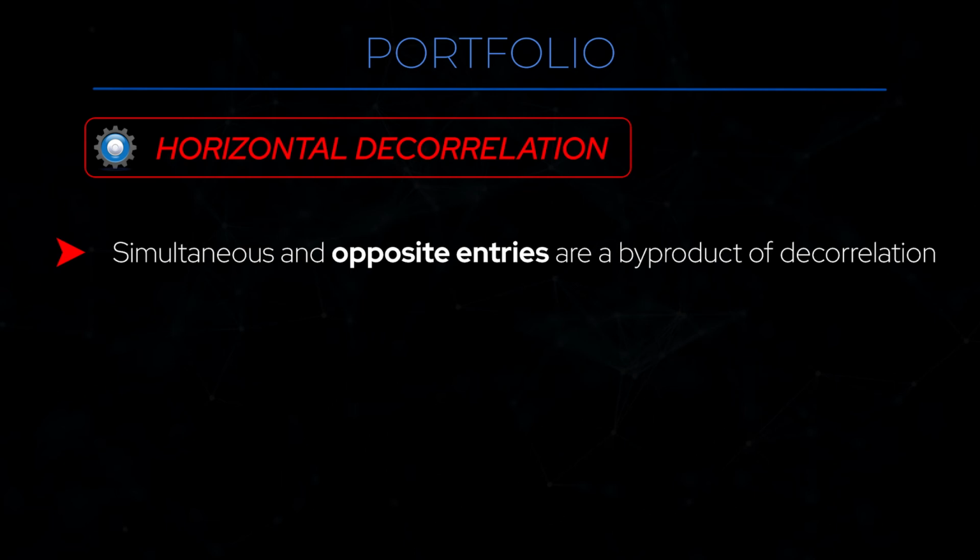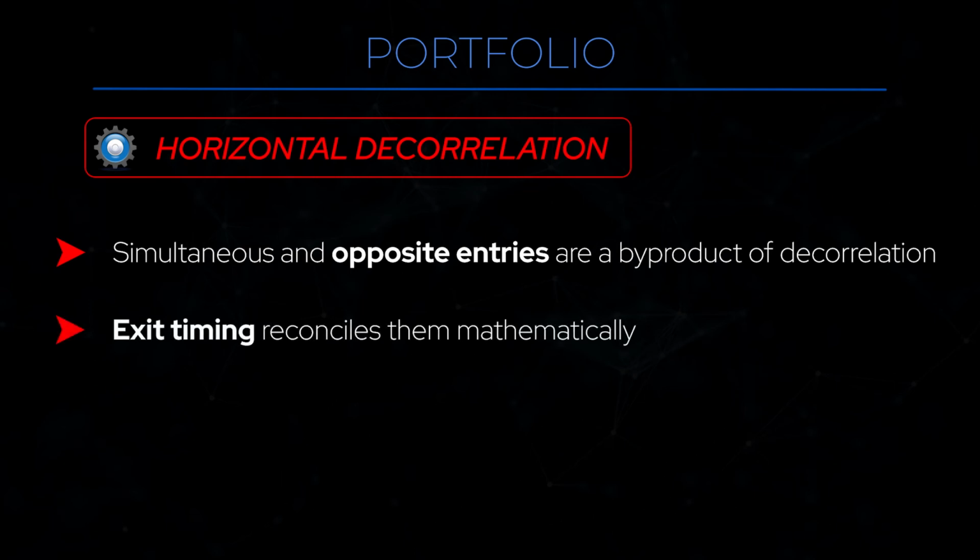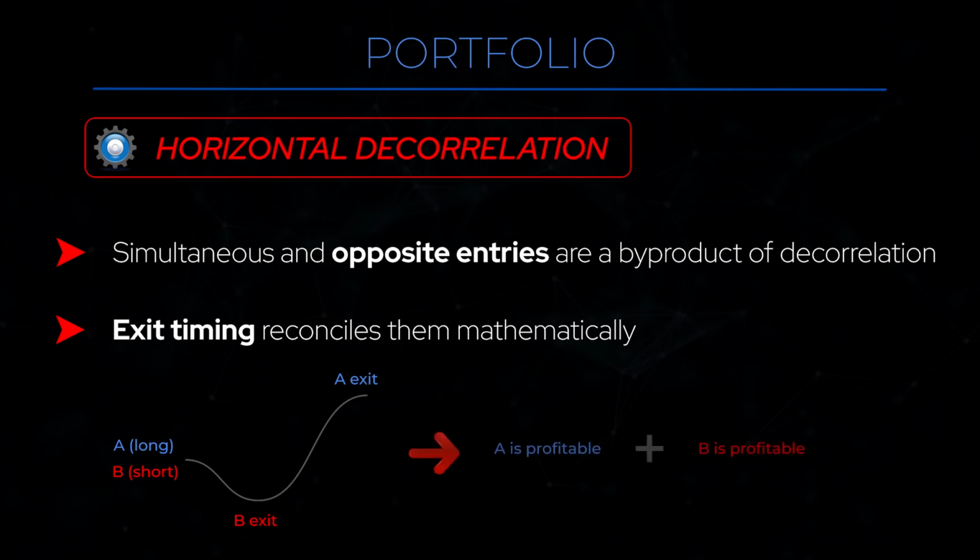Now, how do conflicting orders even make sense mathematically? The answer is timing. When two systems trade the same instrument in the same direction at the same time, they may exit at different times. Likewise, when they trade at the same time but in opposite directions, they may exit at different times as well, which may result in profit for both.